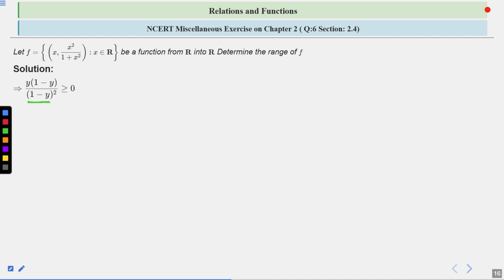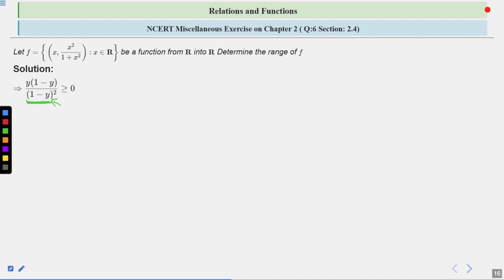So now in denominator I am having 1 minus y whole square, which always gives me some positive thing. It can be 0, yes, but cannot be negative. I want non-negative thing here. Clear? Now I can easily solve for this inequality.